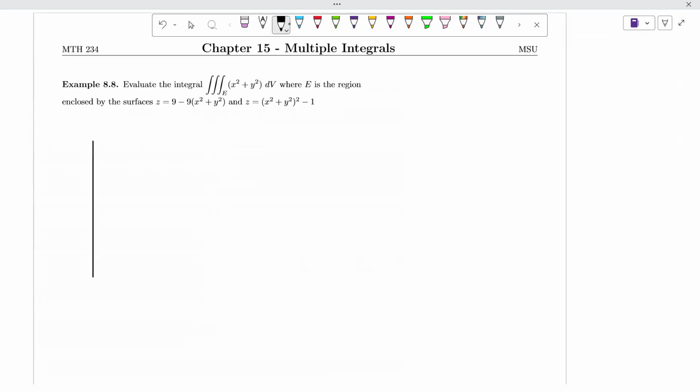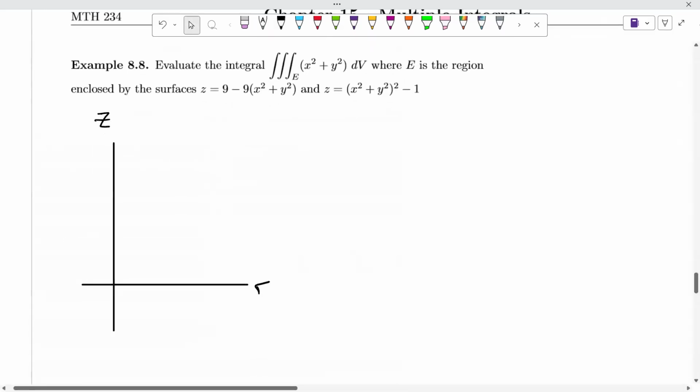I'm going to want one of these and one of these. We'll again draw out that z-r half plane that I mentioned. So this is going to be z, and that's going to be r. And I want to talk about these two shapes.